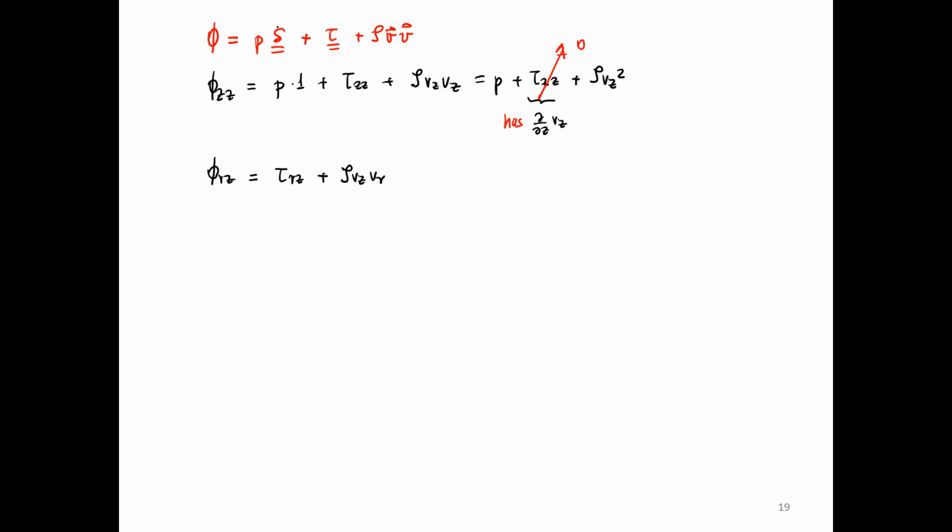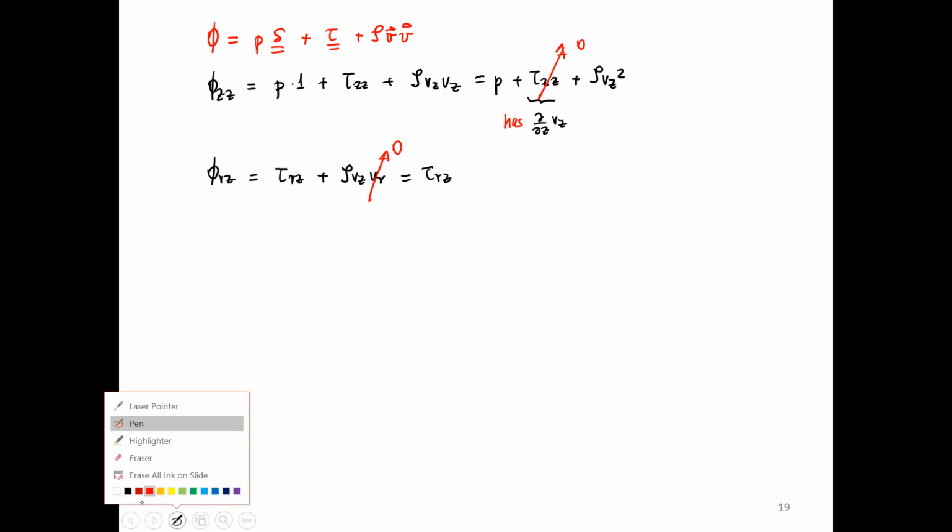So my identity matrix is 0 in this particular spot. So I have that this is simply equal to tau rz, because again I can also cancel this as 0 because Vr is 0. So this is tau rz.